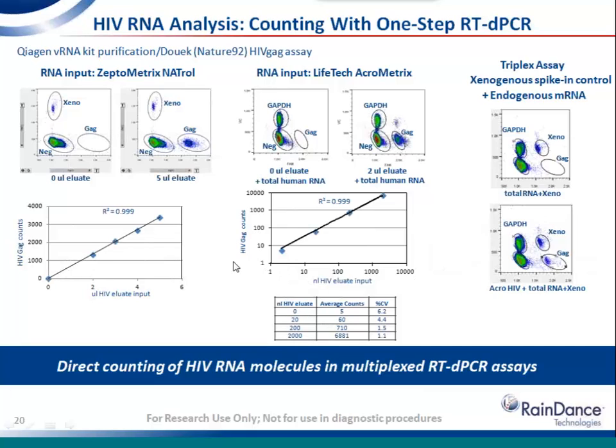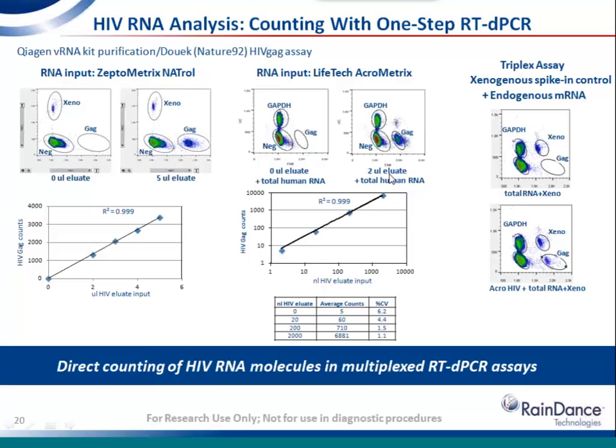The second set of experiments was to go through a titration series using that same material, and that's shown on the left. In addition, there's other commercial material that is commonly used in the industry called Acrometrix that's sold by Life Technologies. And that was similarly purified using the QIAGEN RNA kit.